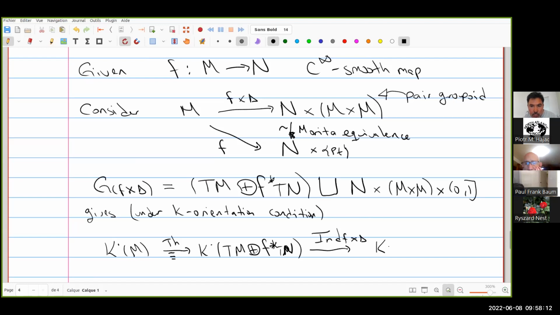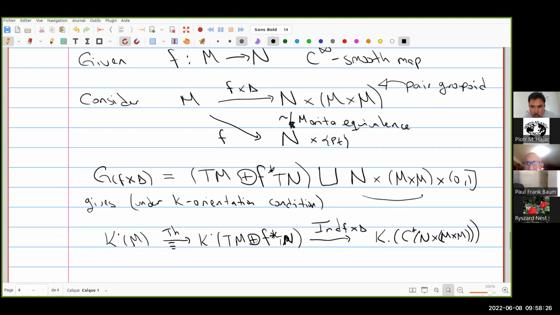And I get to the K theory of the C-star algebra of this groupoid, which is essentially up to Morita. In principle this is a non-commutative object because there is this pair groupoid, but in this very easy case it will give a copy of the compact operators. So up to Morita, which is in this direction very easy, it is the topological K theory of N. This is what is called the Schrick map.